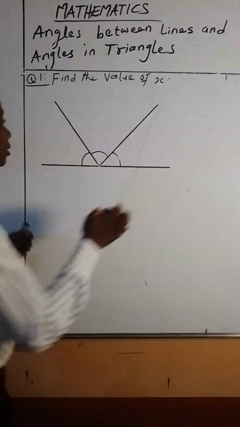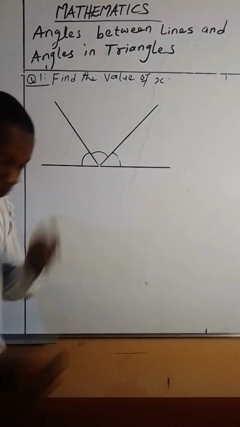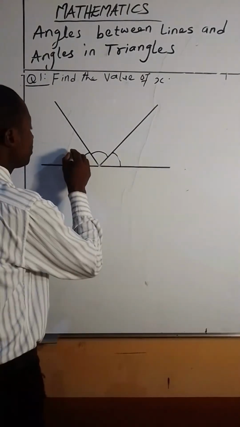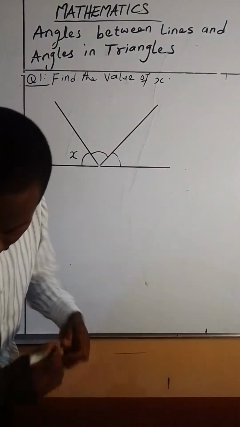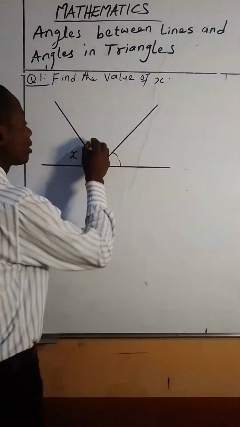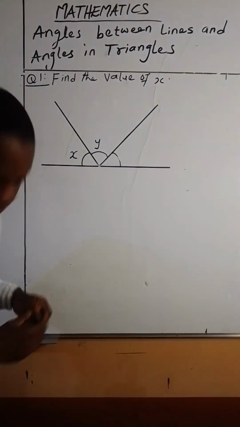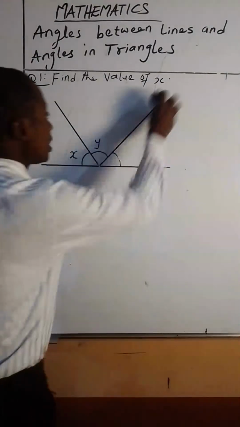So in this case, we have x here. We are given x to be here, and we are given y to be here, not drawn to scale. Then we are given m. So I'm going to restructure this diagram.